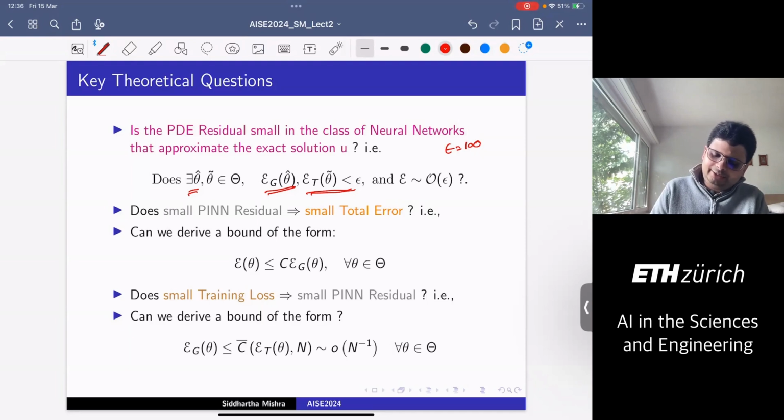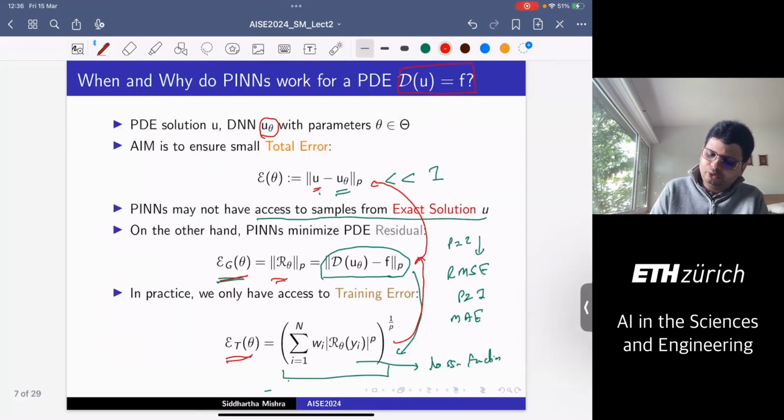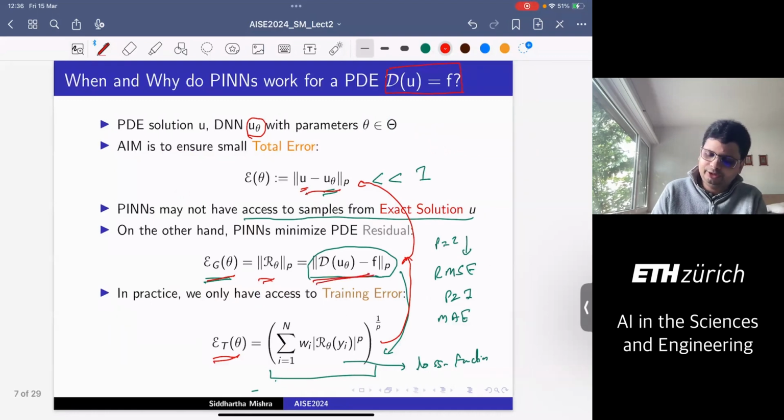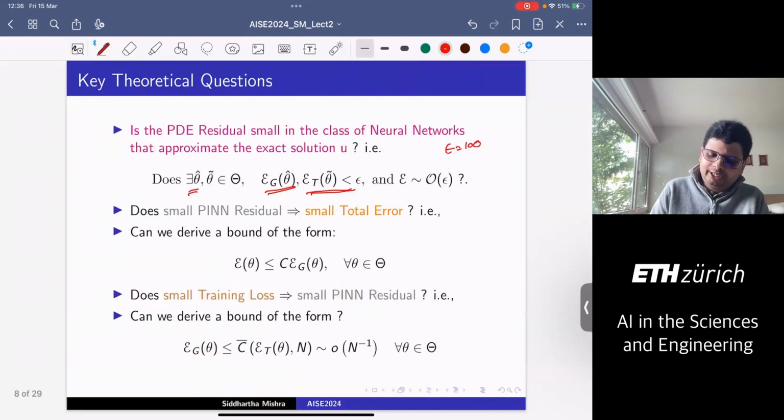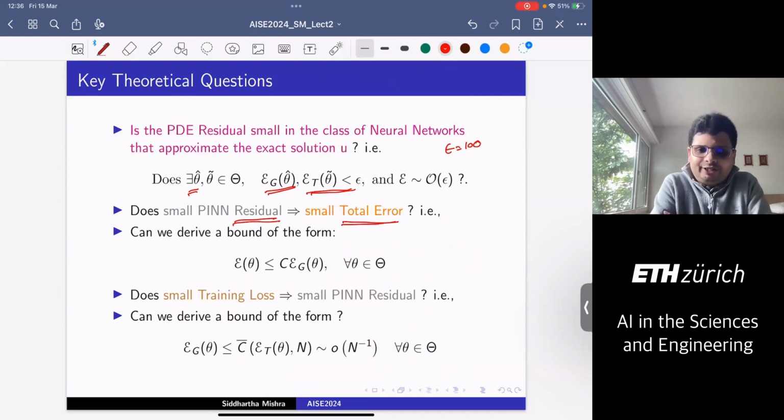Then, of course, in practice, we don't have access to this error. We only have access to this error here, the residual. So it's natural to ask, if I make the residual as small as possible, does it automatically imply that my total error, the object that I want to make as small as possible, can be made as small as possible? Of course, trivially, this is true if we have a bound which looks like this.